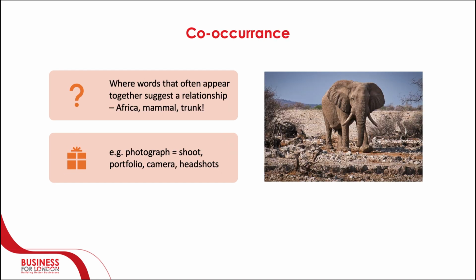Co-occurrence is where words that often appear together suggest a relationship between them. We've got an example here of Africa, mammal, trunk. Of course, that suggests that we're talking about an elephant. With the term photograph, we could use words such as shoot, portfolio, camera, headshots. All of these words could be used together in a sentence to suggest we're talking about a photograph or a photographer.